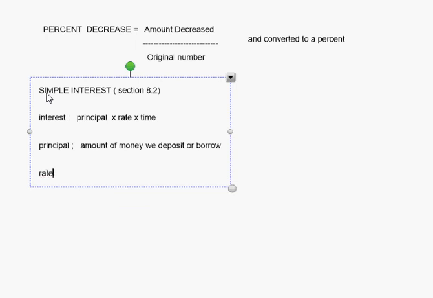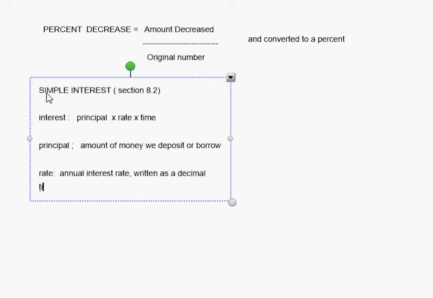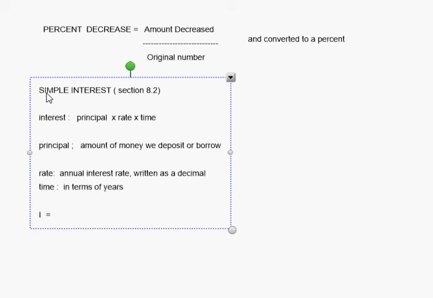Rate, annual interest rate written as a decimal. Time in terms of years. So the formula is I, interest, is equal to principal times rate times time.